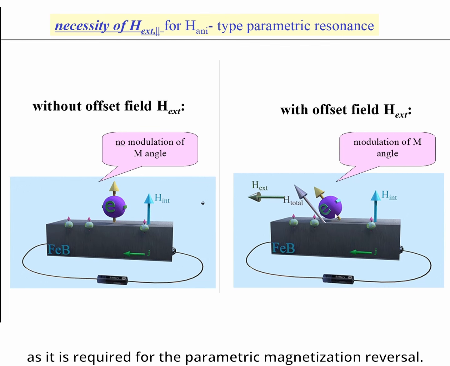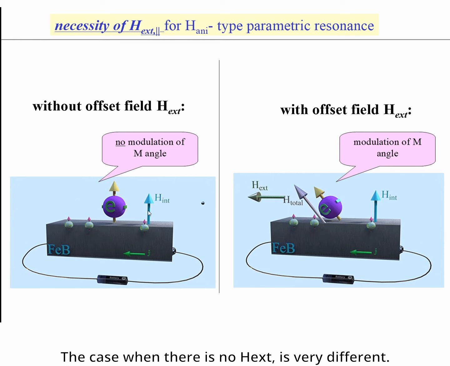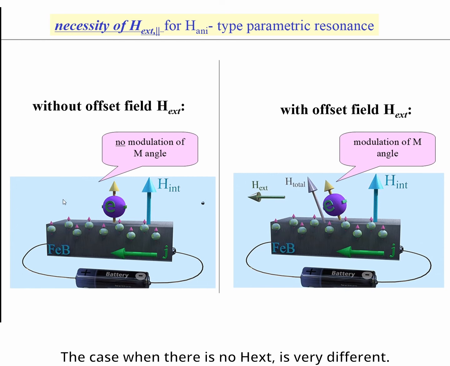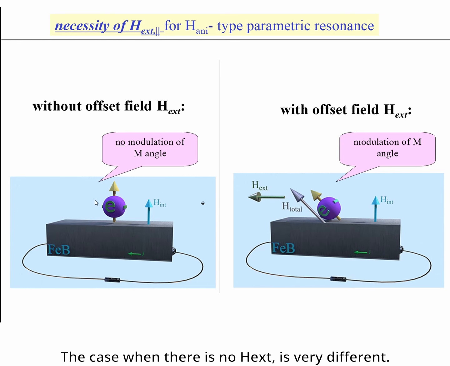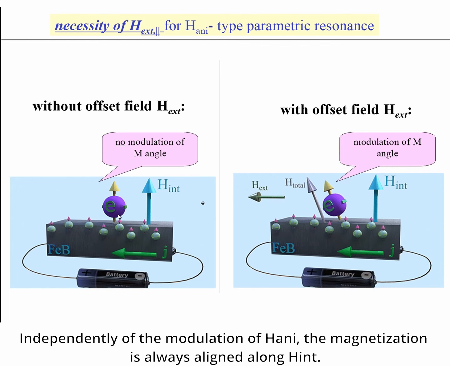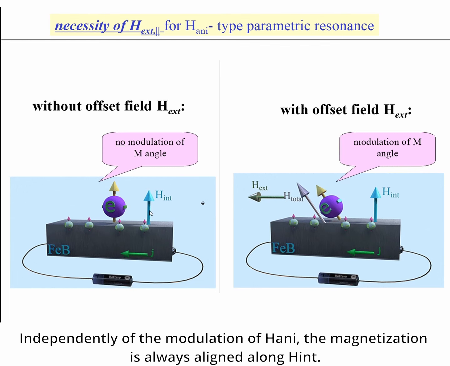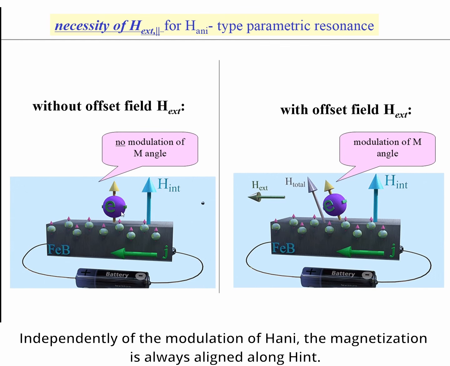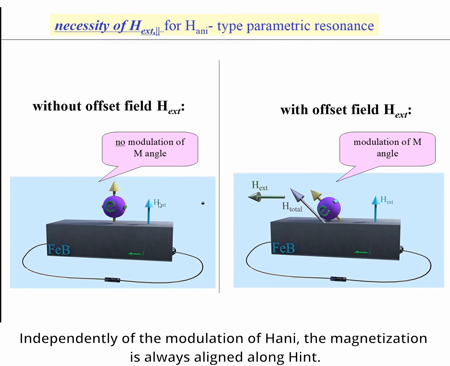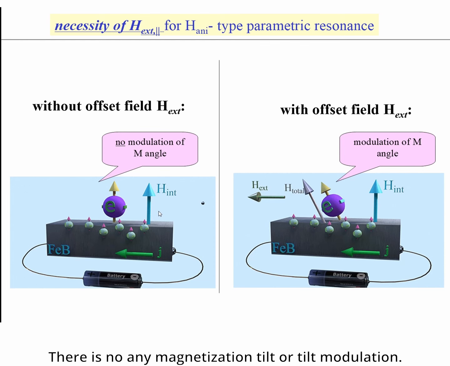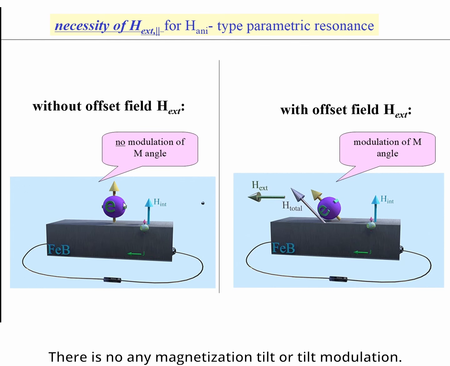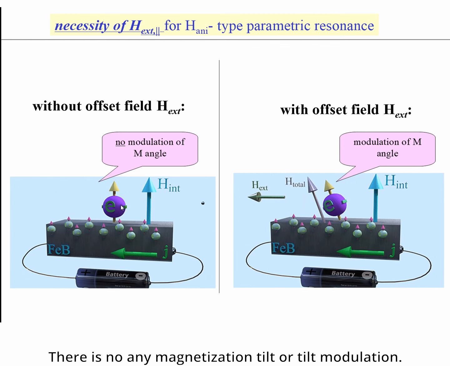Since the anisotropy field is modulated by current, the current modulates the tilt angle as it is required for the parametric magnetization reversal. The case when there is no external magnetic field is very different. Independently of modulation of anisotropy field and therefore internal magnetic field, magnetization is always aligned along the internal magnetic field. Therefore, there is no magnetization tilt or tilt modulation.